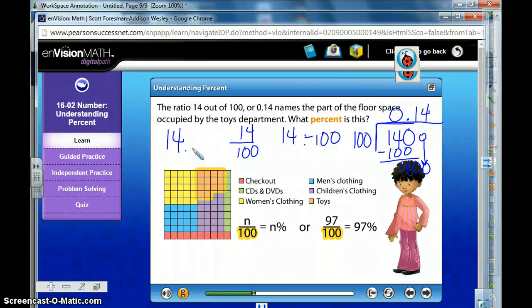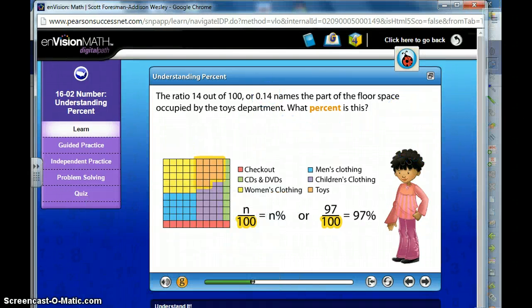So 14 divided by 100, we're going to make it smaller by dividing by 10, 100, 0.14. All of those are ways that they get this decimal whenever they take 14 divided by 100. It's 14%. But I want to show you where that decimal comes from.